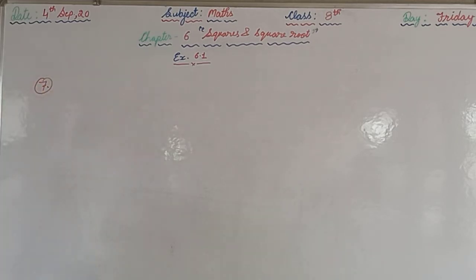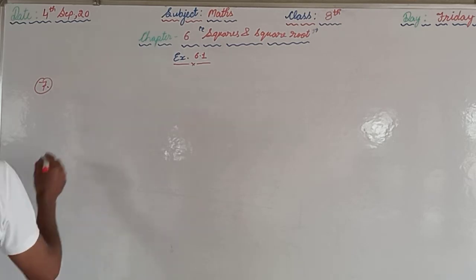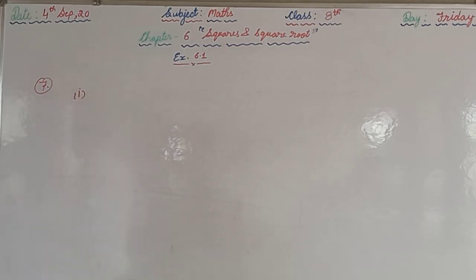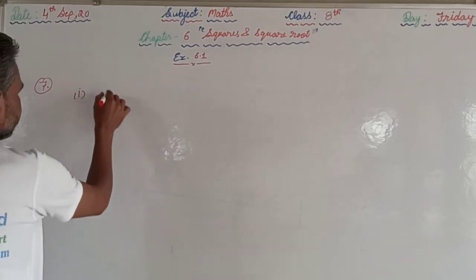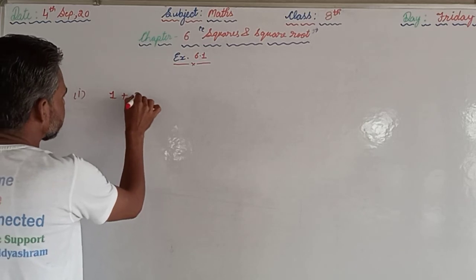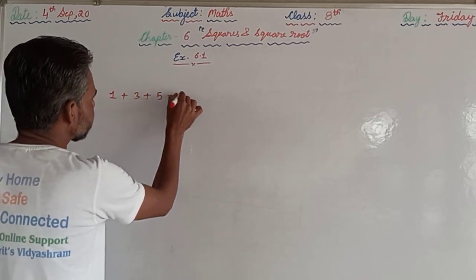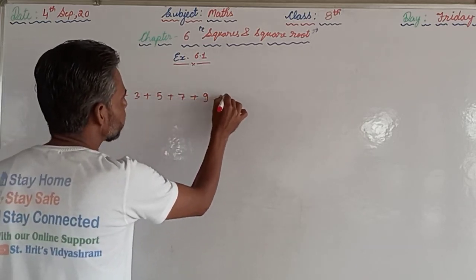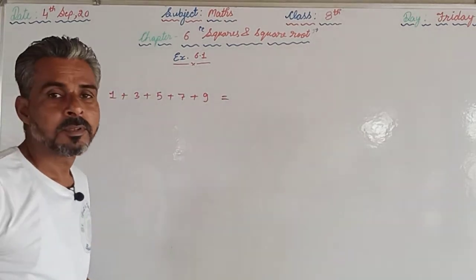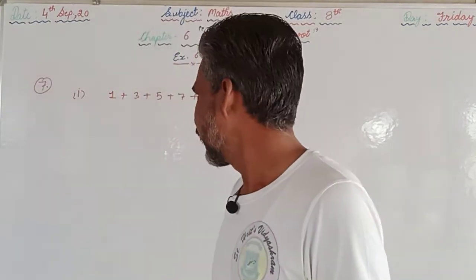In question number 7, without adding find the sum. So that is 1 plus 3 plus 5 plus 7 plus 9. We are supposed to find this without adding them.